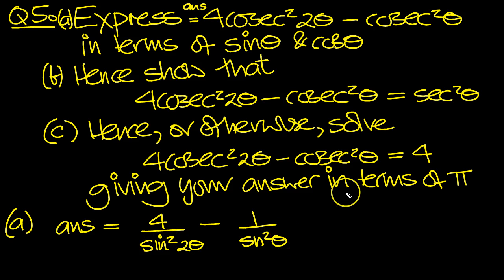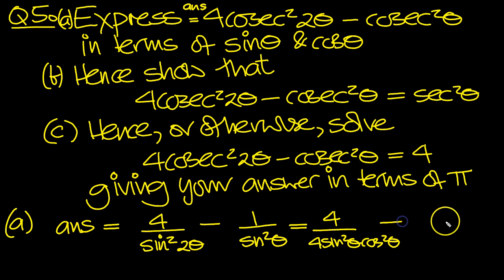So, how are we going to sort this out then? This is equal to 4 over, this is 2 sine theta cos theta squared, which will be 4 sine squared theta cos squared theta, minus 1 over sine squared. The 4s will cancel, thankfully.